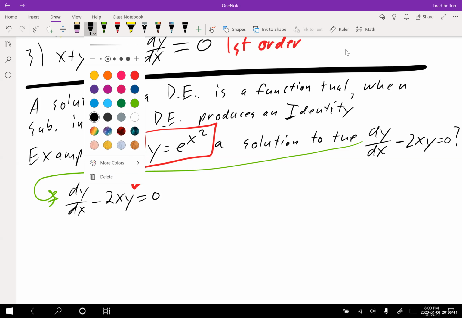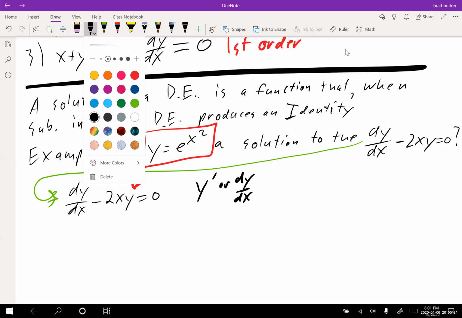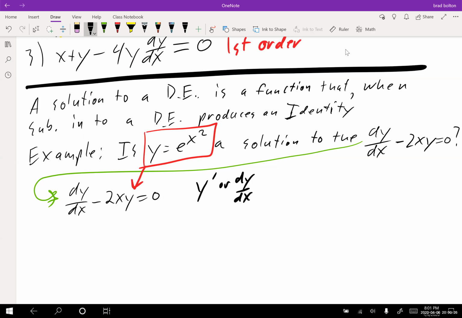Well, all I have to do is find dy dx. So y prime, or dy dx, can be found by taking the derivative of both sides, and we'd get 2x e to the x squared. If I take the derivative of e to the x squared, it's e to the u times u prime.